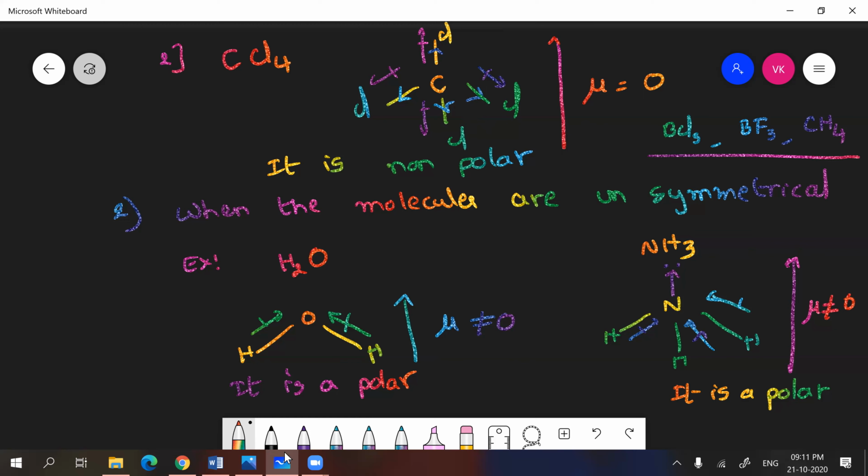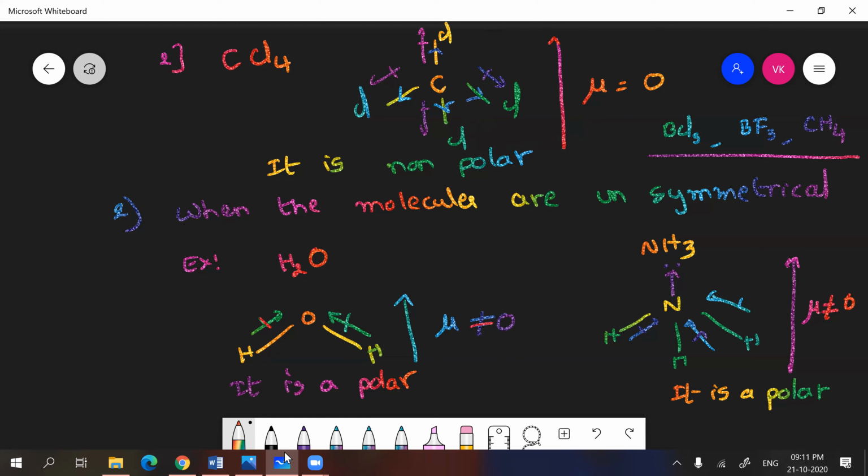And whenever molecules have an unsymmetrical arrangement of atoms, the net dipole moment does not equal 0, because the direction of the vectors is in a different fashion. They are not quite opposite, so the net dipole moment will remain.